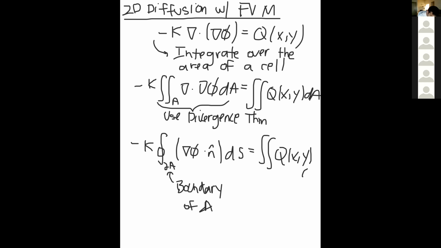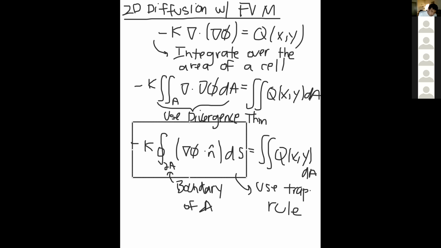Now that we're at this point, we can use our trapezoidal rule to evaluate these integrals. But before we do that, I want to talk about the integral on the left, because a lot of the finite volume methods in 2D really depend on how we do this integral. Any questions on this before I wipe the board?